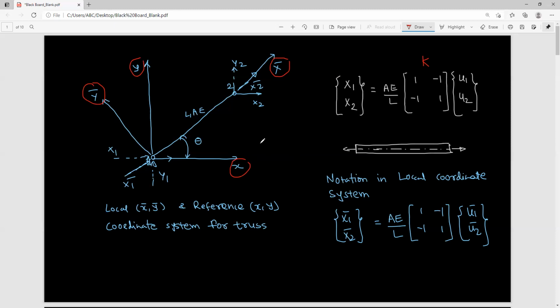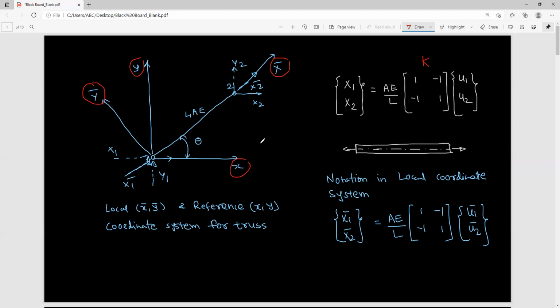It is easy to handle the boundary conditions and applied loads in the best possible manner when you write your stiffness equations in the reference coordinate system. So referring to this figure, we have defined x and y, which are the reference coordinate system. X bar and y bar are your local coordinate systems.